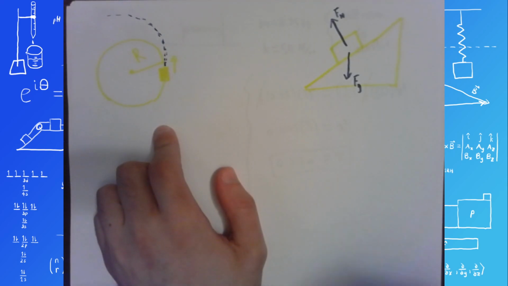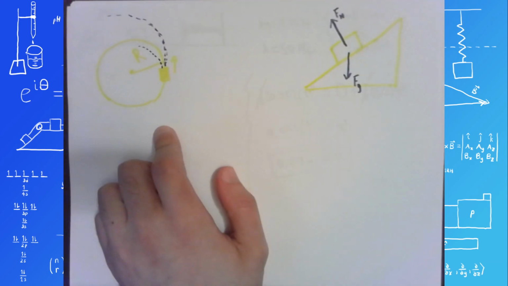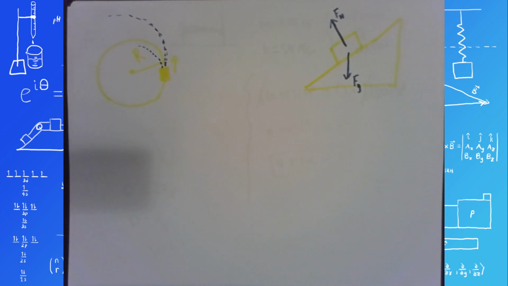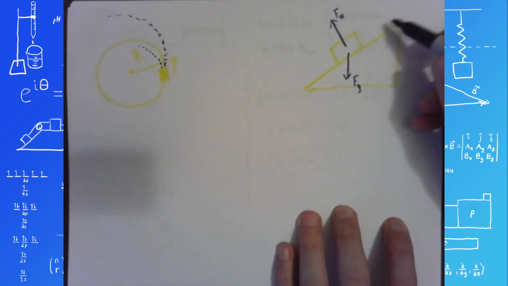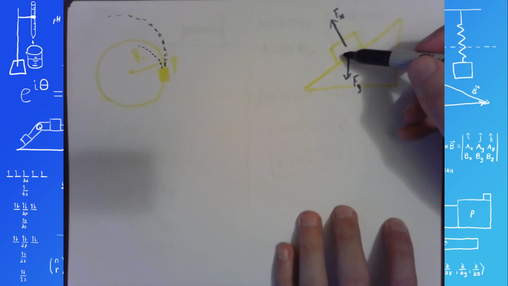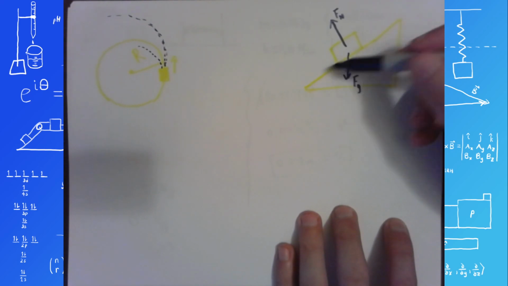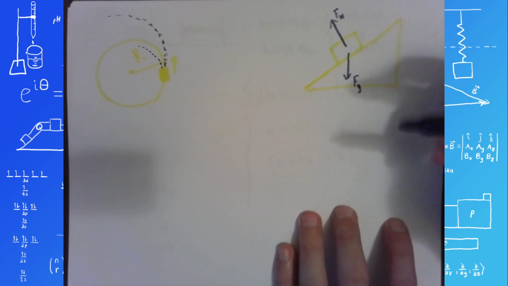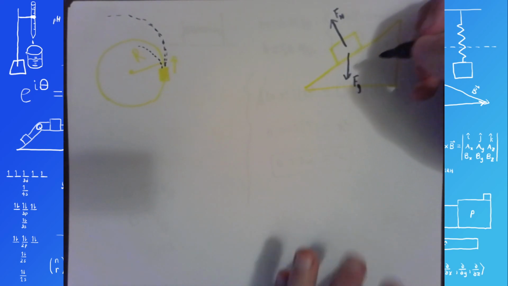And at minimum speed, it's about to drift inward if it goes any slower, like that. So at maximum speed, it would be attempting to move up the incline, in which case the force of static friction would be down the incline. And at minimum speed, it would be attempting to slip down the incline, in which case the static friction would be up the incline. So static friction can actually be up or down.